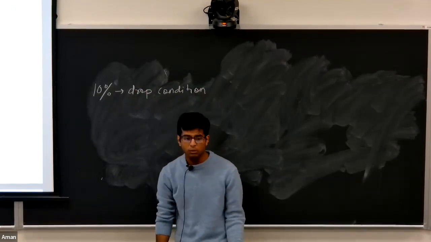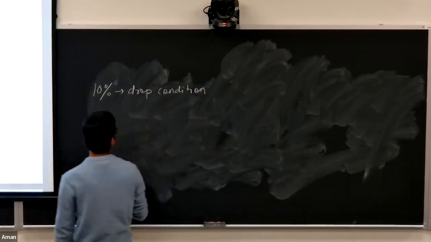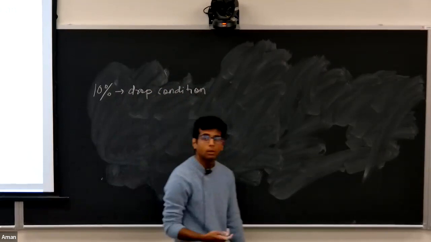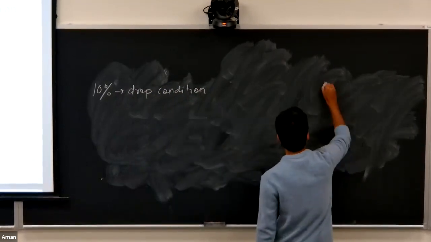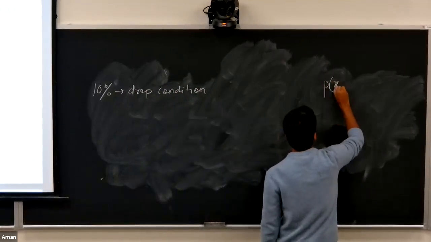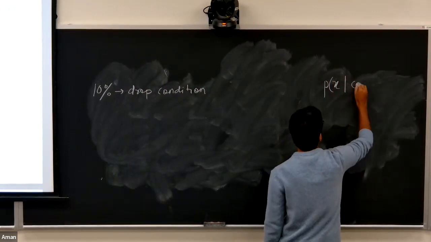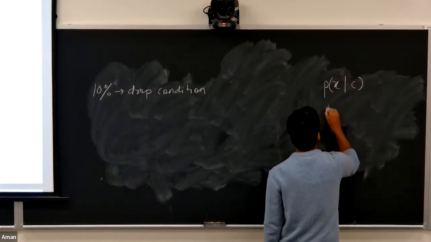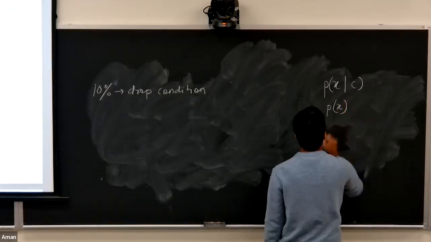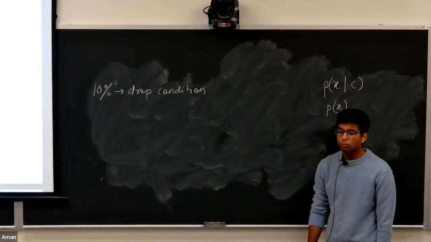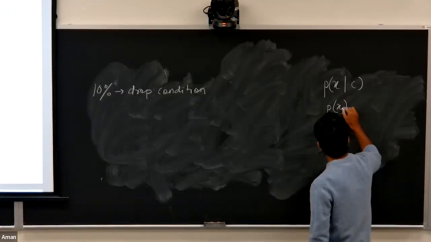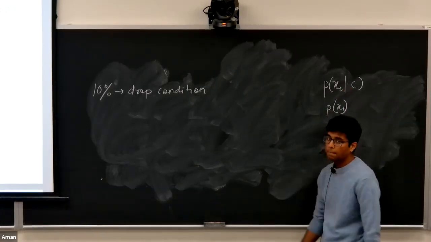And what this will do is that you train two models at the same time. The model which is conditional, generating an image given a condition, as well as a model which is generating images unconditionally. So you have both of these models trained together simultaneously, right?